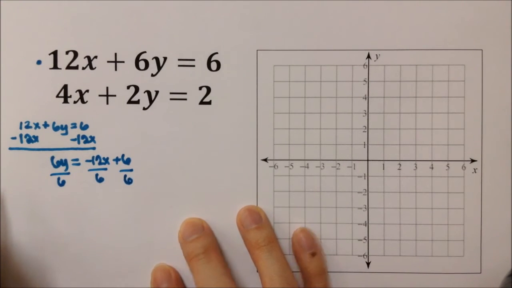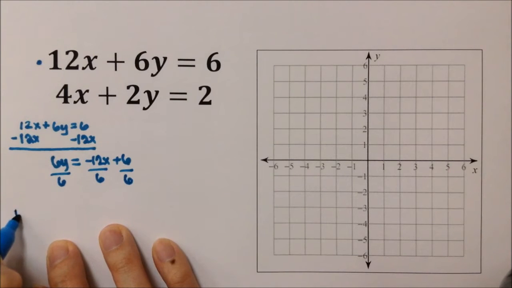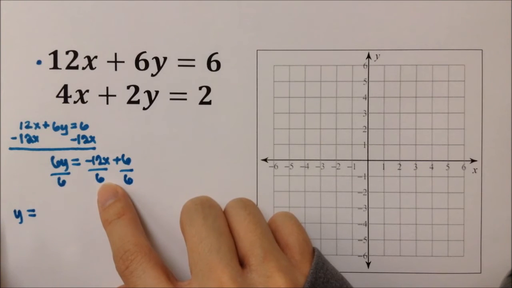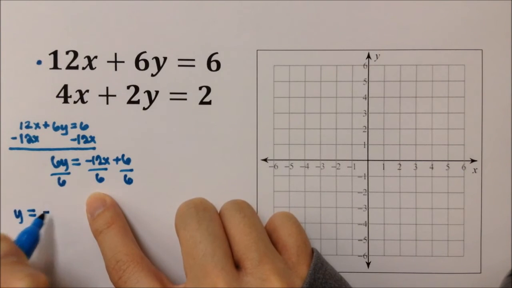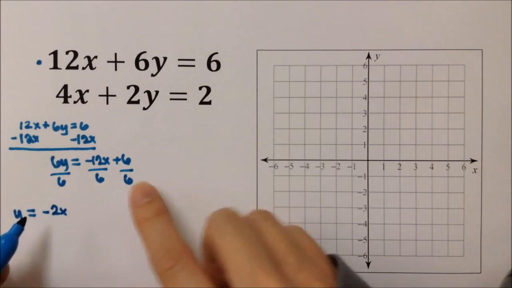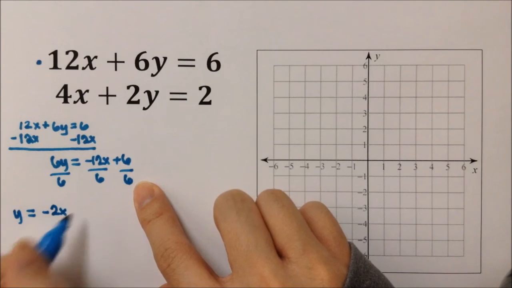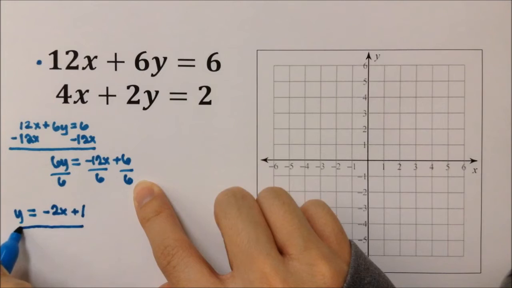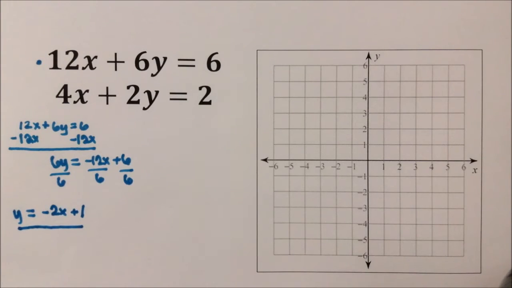So, doing so, we have y equals negative 12x divided by positive 6, which becomes negative 2x. Positive 6 divided by 6 will be positive 1. So here's our first slope-intercept form, and then I'm going to graph that. So y equals negative 2x plus 1.